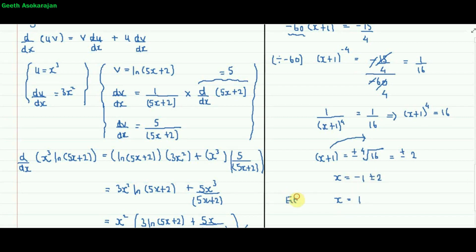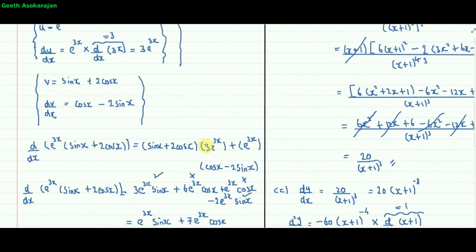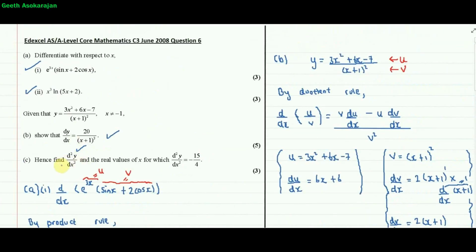So let me just say that either x is equal to plus 1 or x is equal to minus 1 minus 2, that would be minus 3. So here are the two values of x that they're looking for, and these are the two values of x for part C. So that completes part C, so we've completed the entire question.